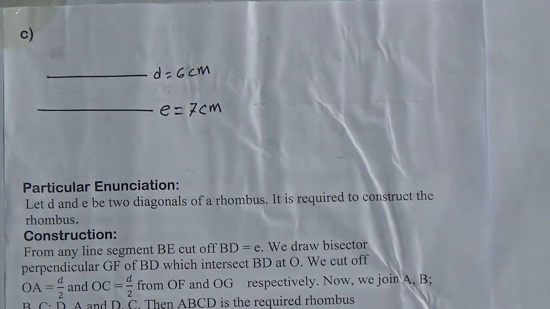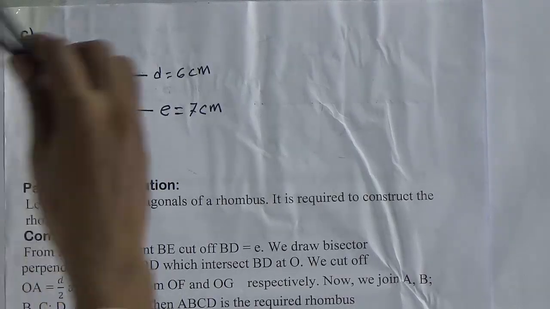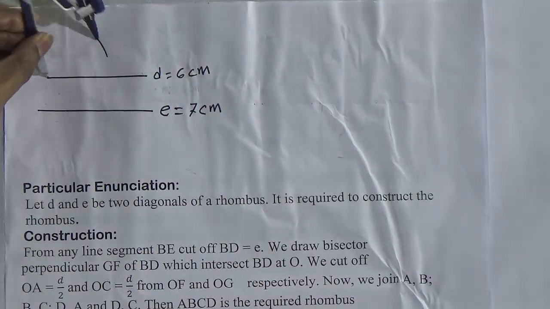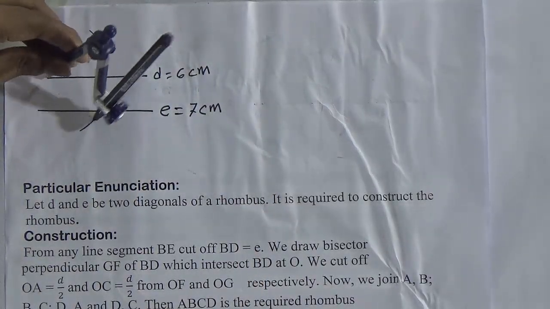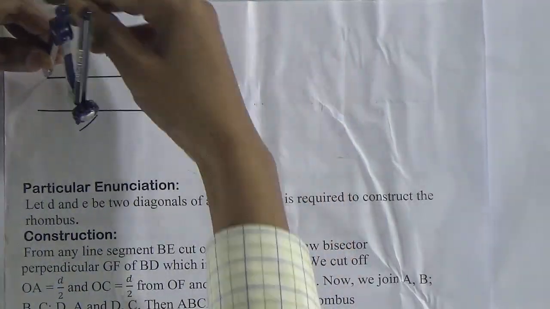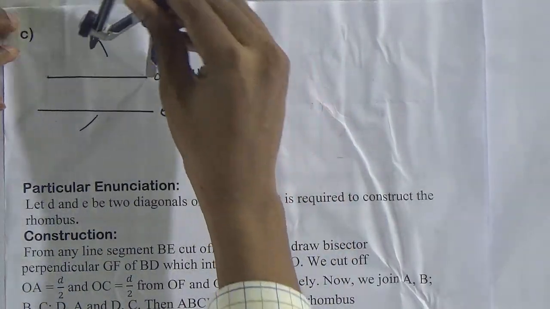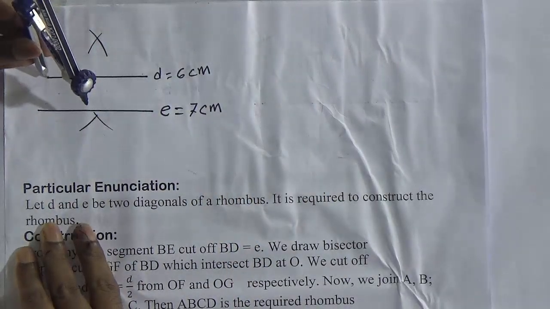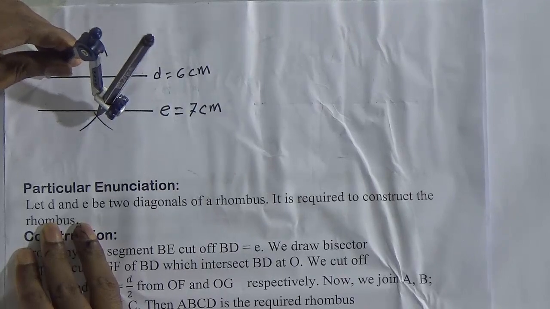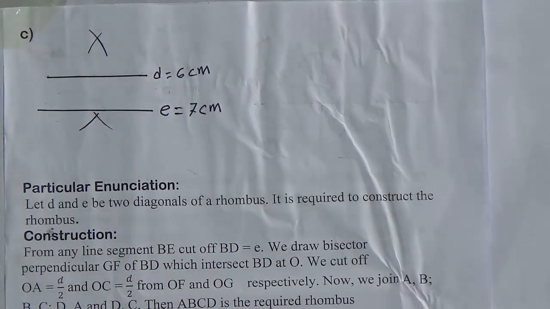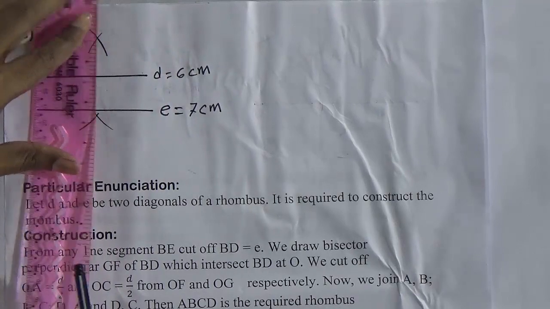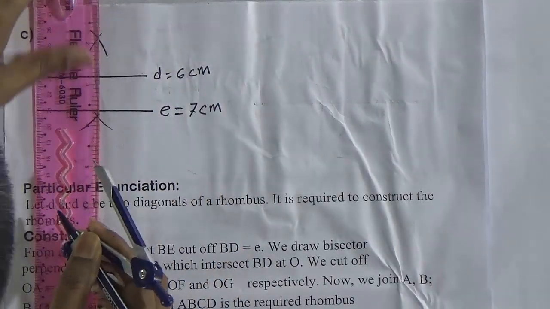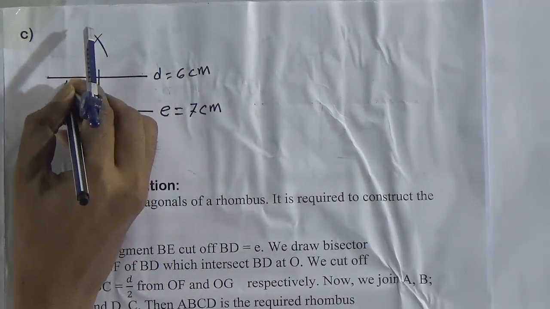Now we have to bisect d. Okay, this is d by 2.